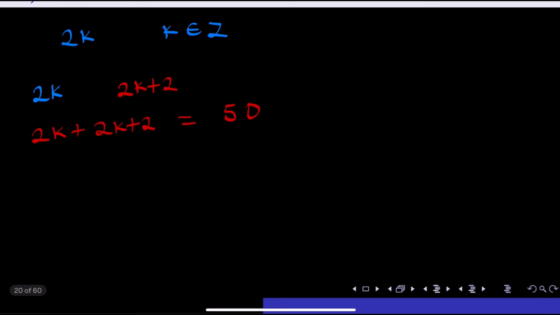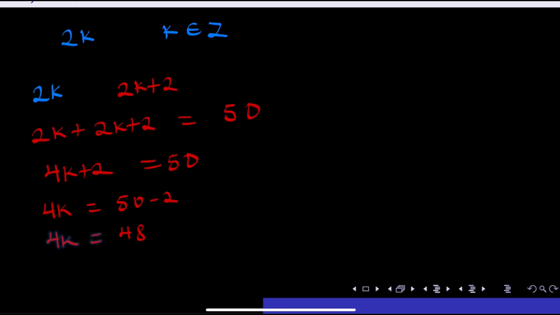Now let's add like terms. So we are going to have 4k plus 2 is equal to 50. So we just group like terms. So we are going to have 4k is equal to 50 minus 2, which is going to give us 4k is equal to 48. And so k will be giving us 12.